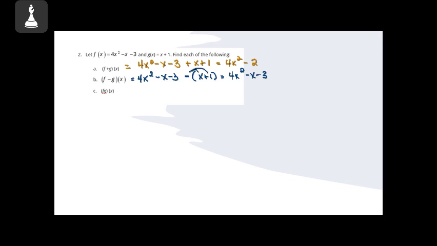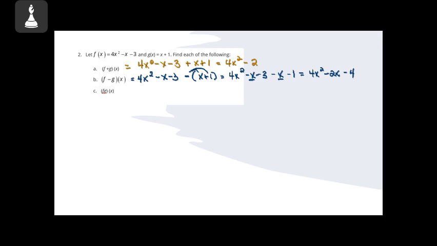So that's going to make minus x and minus 1. So we have our 4x squared. If I have minus x and minus x, that's minus 2x. Minus 3 minus 1 makes minus 4. So the subtraction of the two functions yields 4x squared minus 2x minus 4.